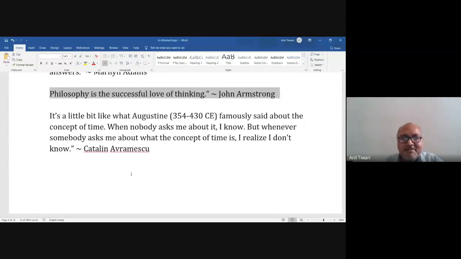So this is the dimension of philosophy where you find disagreement on this very question, what is the nature of philosophy? You will find disagreement on the question even of what is the function of philosophy, right? So this is a kind of intellectual disagreement which is essential in the practice of philosophy.